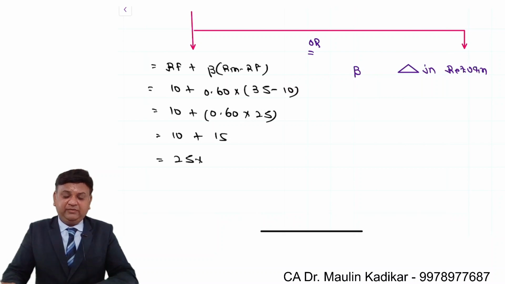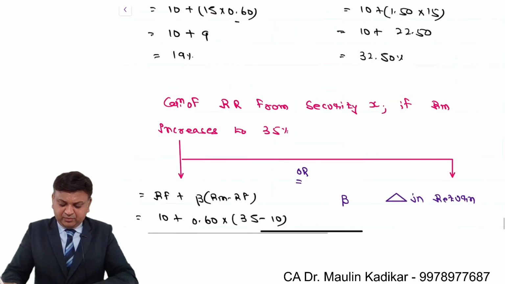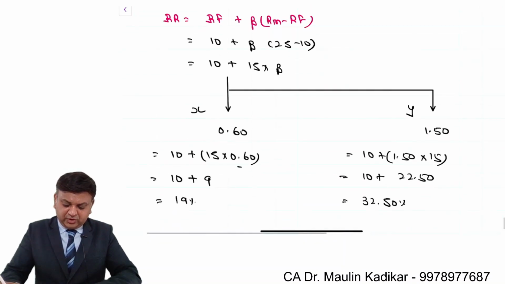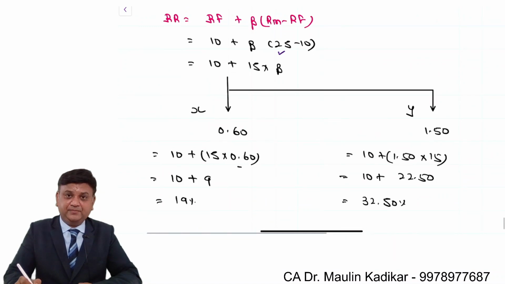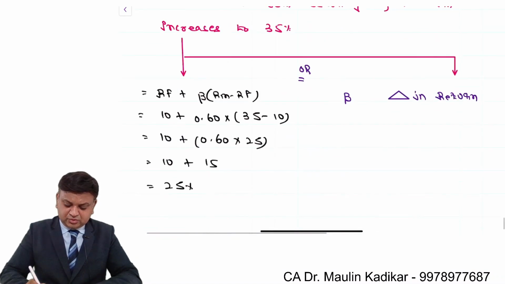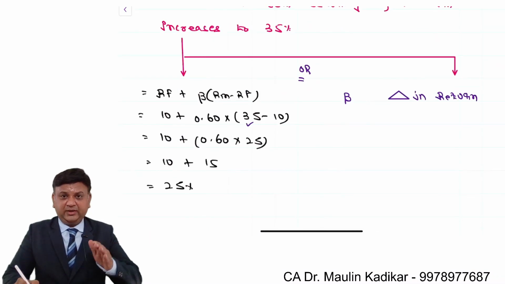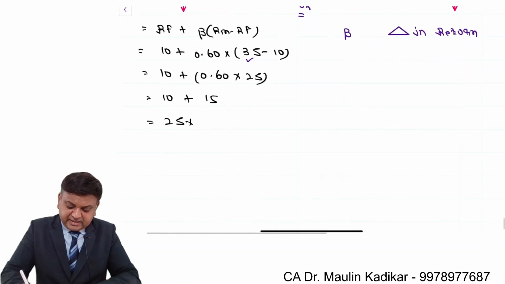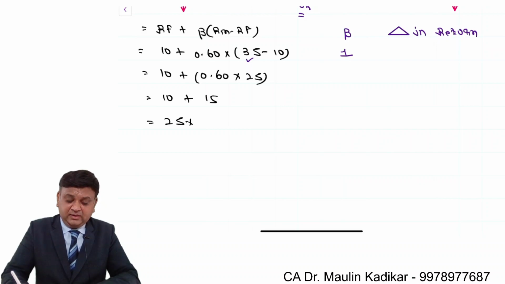Logically, the market portfolio has beta 1. Return on the market portfolio is right now 25% and has increased to 35%. So the market portfolio has a change in return of 10%, calculated as 35 minus 25.